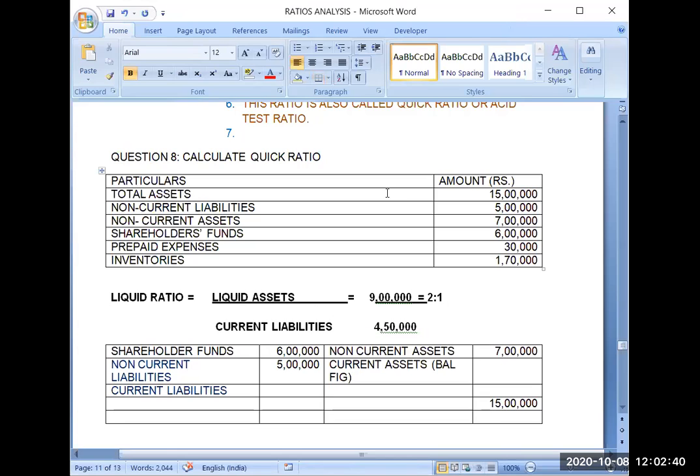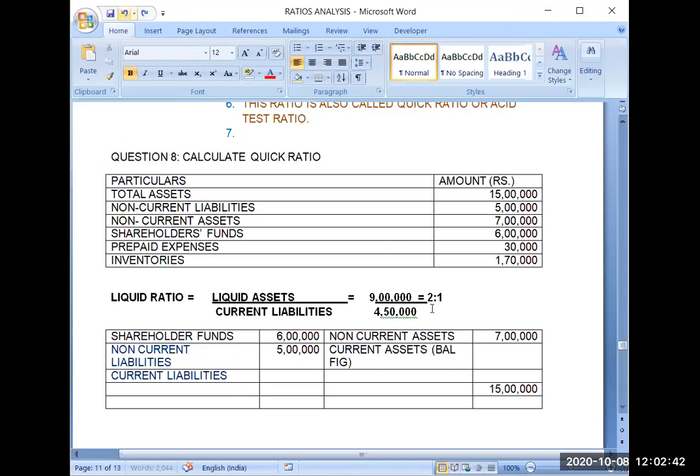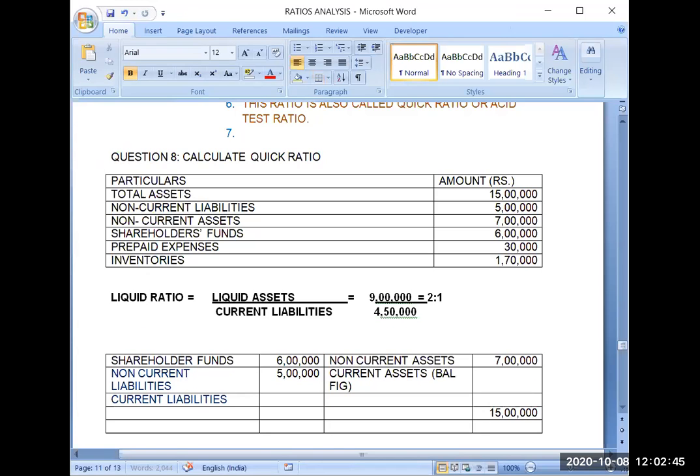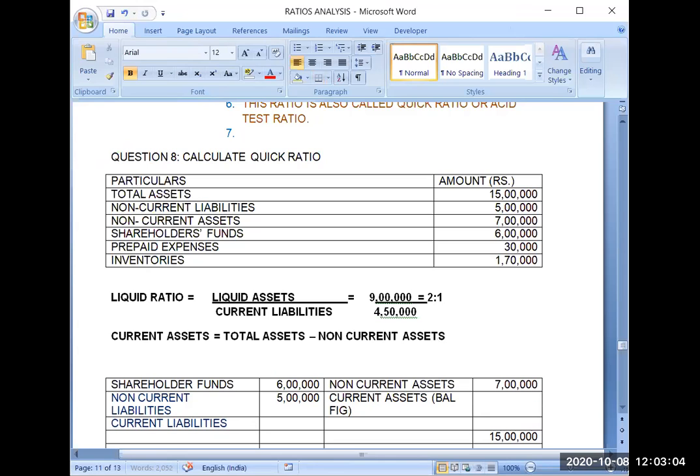So it will be equal to total assets 15 lakh minus non-current assets 7 lakh. So my current assets will be 8 lakh.